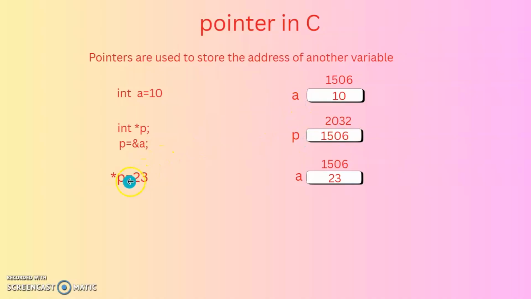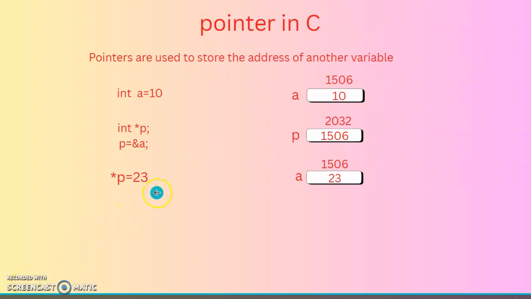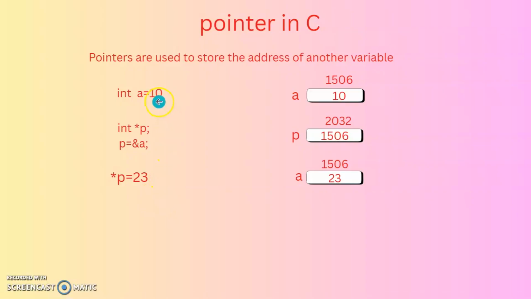So now this statement will make the value of a change to 23 from 10, because p has the address of the variable a. It means that you are accessing the value of the variable without using the variable name but using its address.